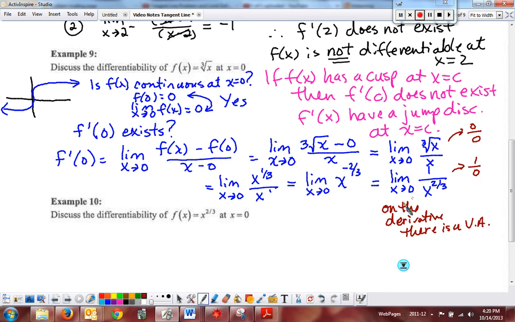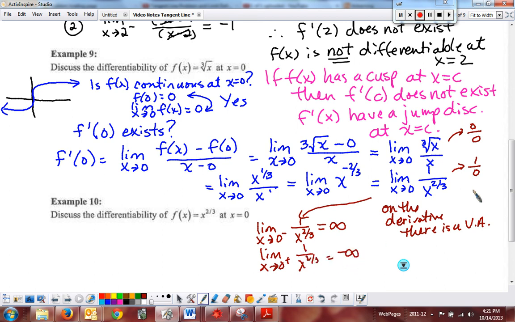If you look at the left, and if we break this apart, the limit as x goes to 0 from the left of 1 over x to the 2/3 is going to be infinity. The limit as x goes to 0 from the right of 1 over x to the 2/3 is negative infinity.